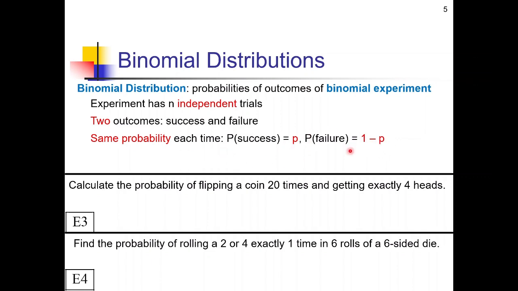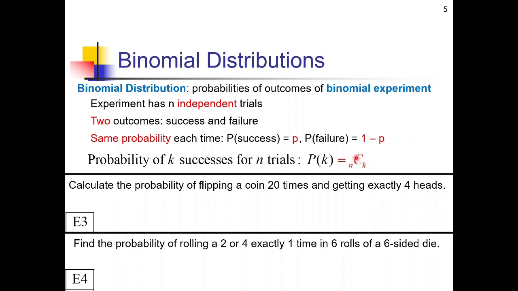So given all of this, if we meet these conditions, what's the payoff? Well, the payoff is that we're allowed to use this super handy, actually pretty quick formula for calculating the probability of k successes over the course of n trials. And I'll call this P of k. So there's three parts to this formula. In the first part, we have n choose k.